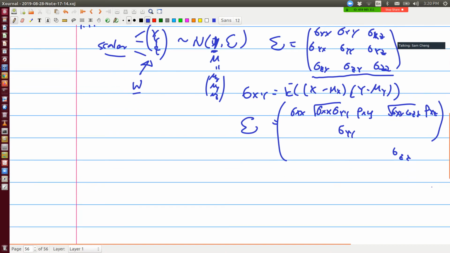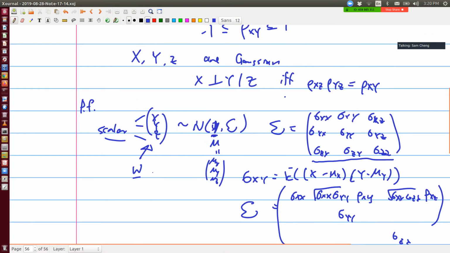Now, if I consider this sigma, and say I have observed z, I want to look at the distribution of x and y.